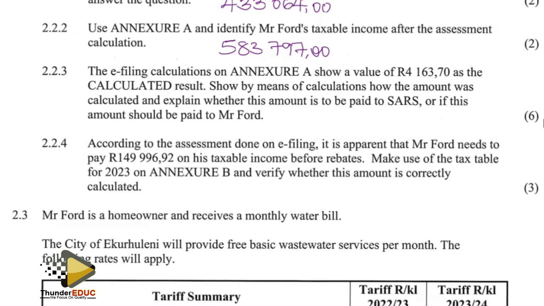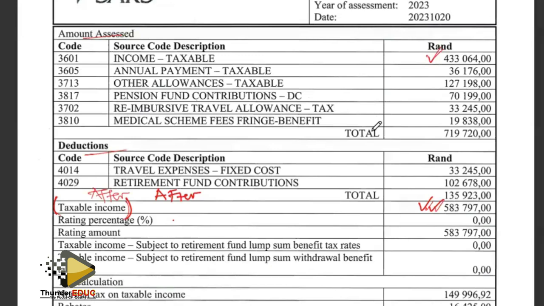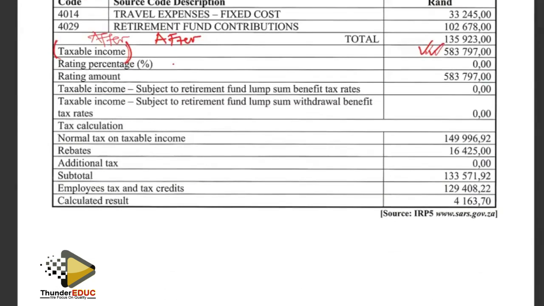So let's look at that. We have values that you see here. We have a subtotal. This is after the taxation, and they have done all the calculations. The employees' tax and tax credits. Here we are, and the calculated results.